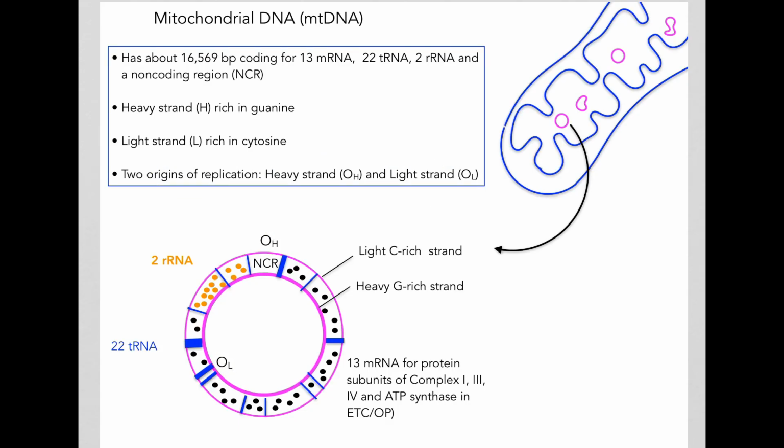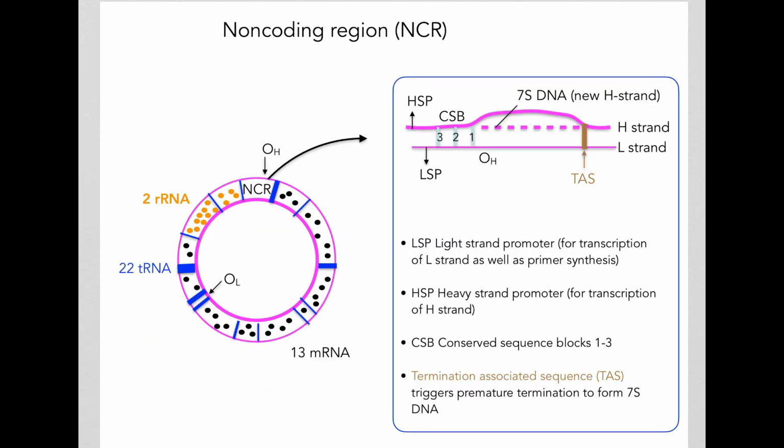Let's look at this non-coding region, or NCR, where the origin for the heavy strand is present, a little bit more. In the non-coding region, there are several features that we need to look at and understand in order to understand replication. We have the LSP, which is the light strand promoter.